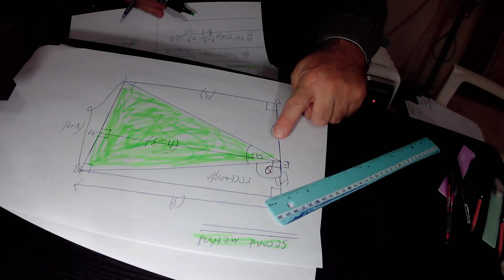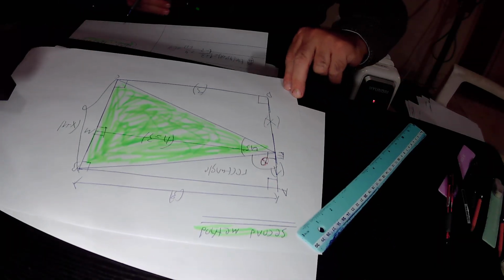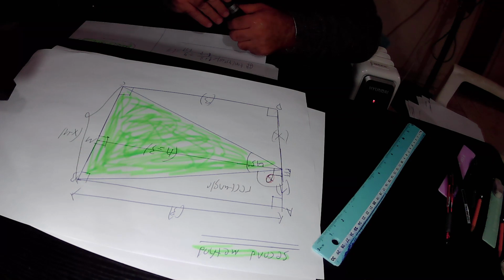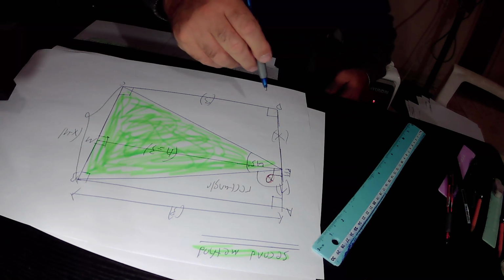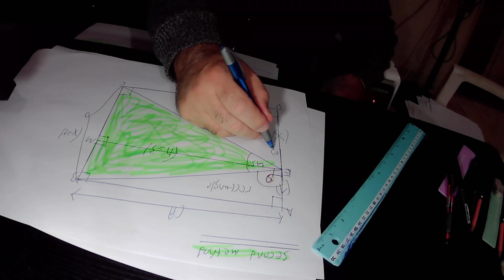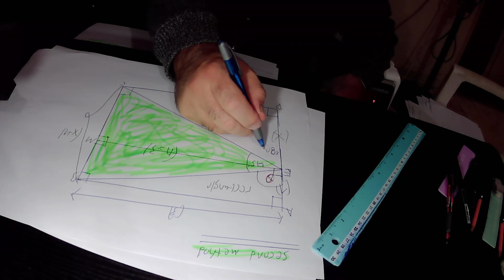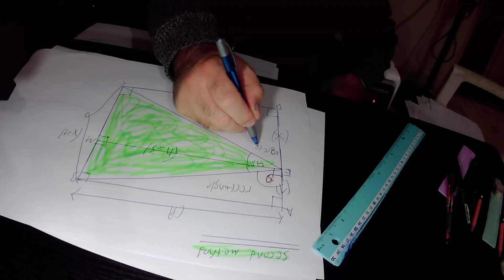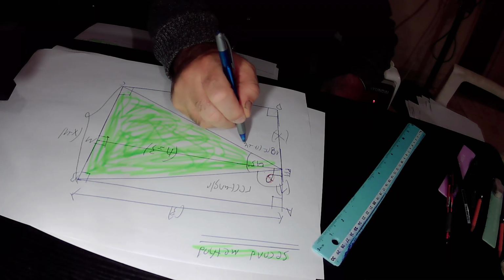So actually, this is the missing angle DEC, equal to 180 degrees minus (theta plus 45 degrees).